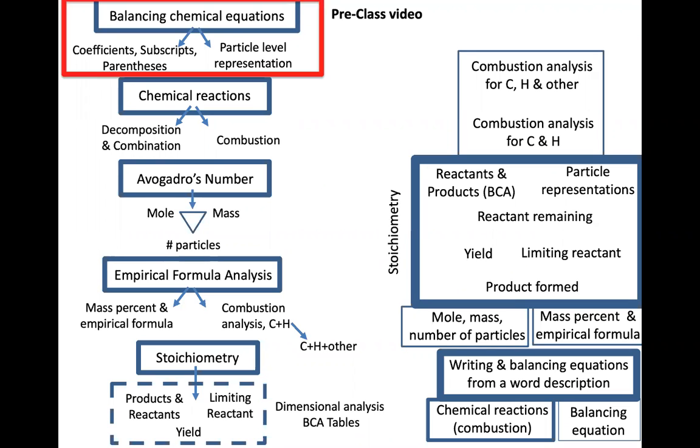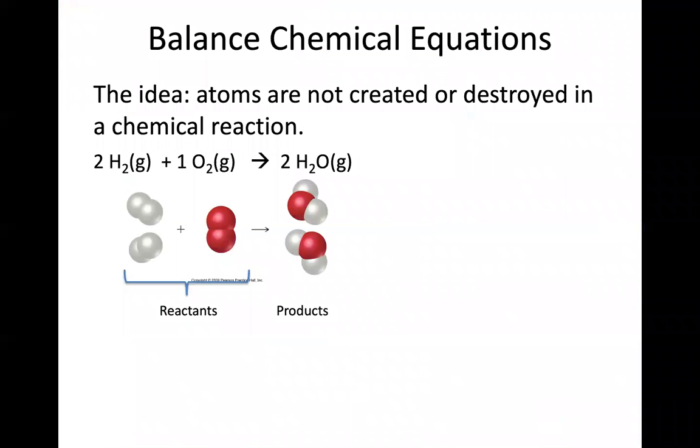Now, there was one pre-class video that was looking at aspects of chemical equations. I think that touches on part of stoichiometry, when stoichiometry is related to particle representations. Those topics are also related to how we write a balanced equation from a word description, and the balancing itself. Within Perusal, I thought people had some really good comments, and it was helpful when we were looking at what is being described in a chemical equation.